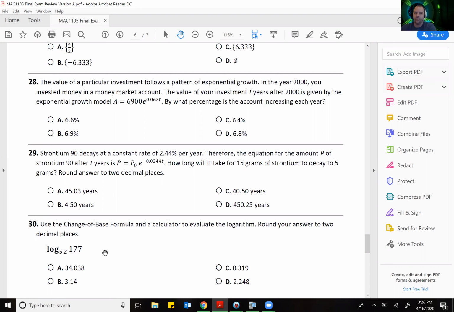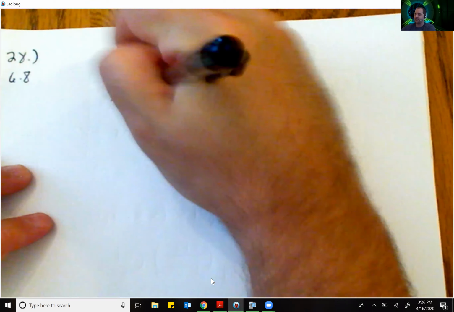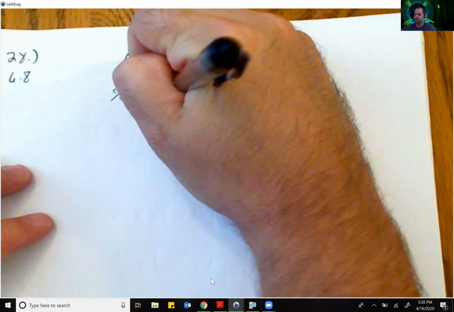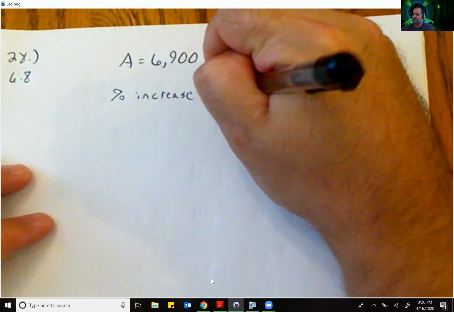So we've got this formula, this equation. And they want to know what is the percent increase. That means they're looking for the growth rate.